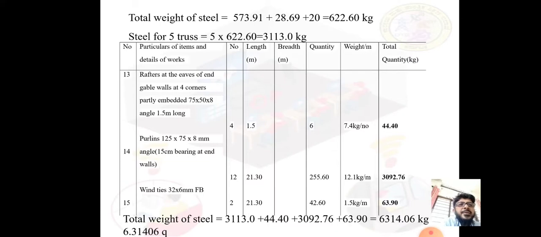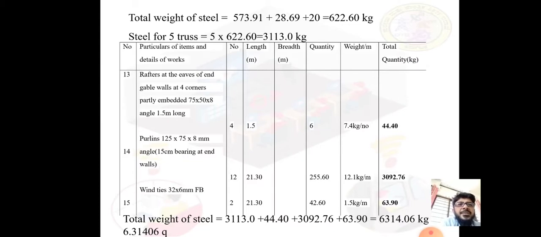So again at the ends we have gable walls. To fix the truss at the gable walls, again we have to use some angles there. So number 13, rafter at the end gable walls means 4 corners, at 4 corners partly embedded.